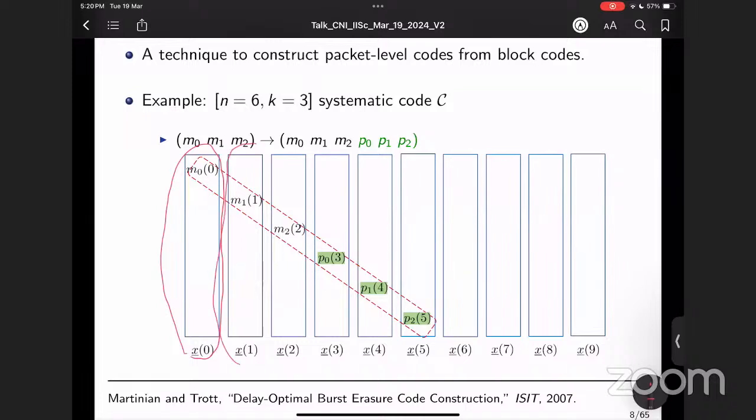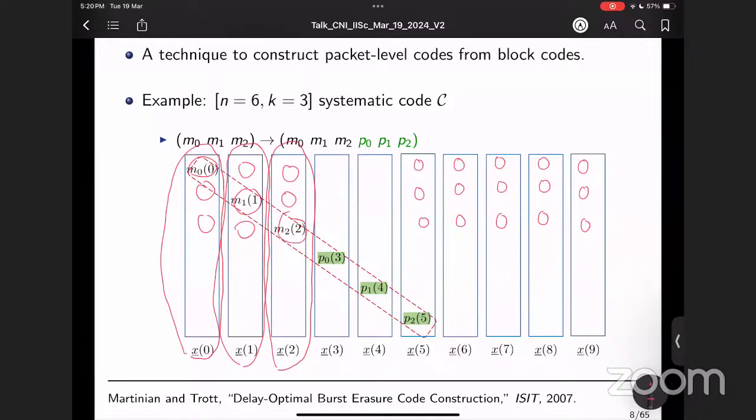So this is the coded packet corresponding to time 1. This is the coded packet corresponding to time 2, and so on. Okay, so the initial 3 symbols of each coded packet will be purely message symbols for every coded packet.